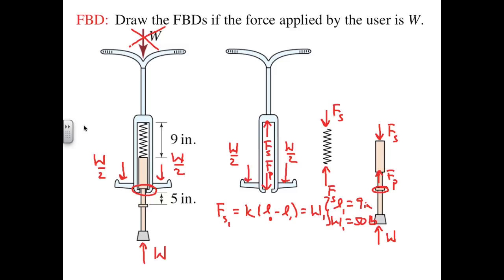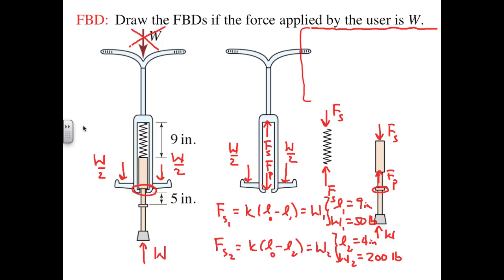So now we have a second spring force, which is K times (undeformed length minus deformed length) equals W2. But here, L2 is 4 inches and W2 is 200 pounds.